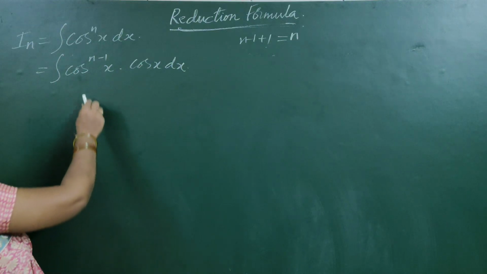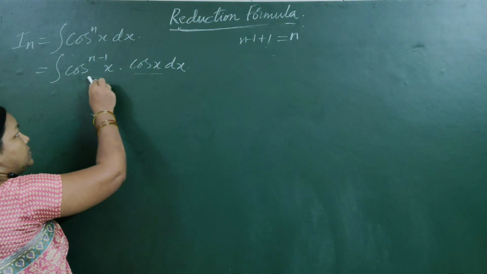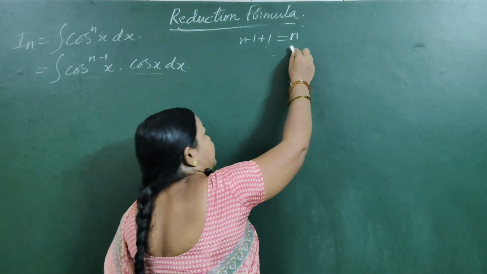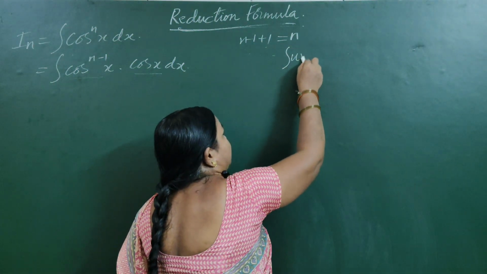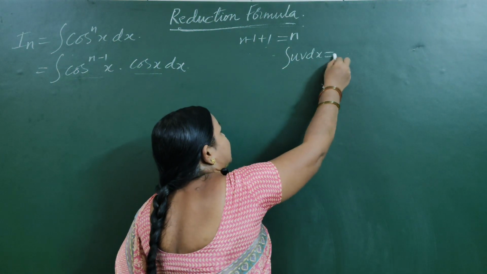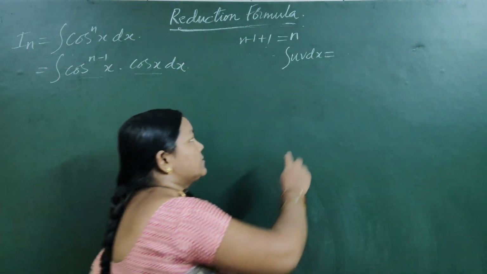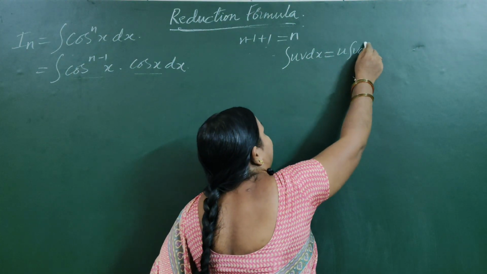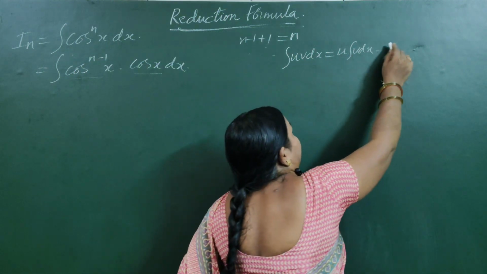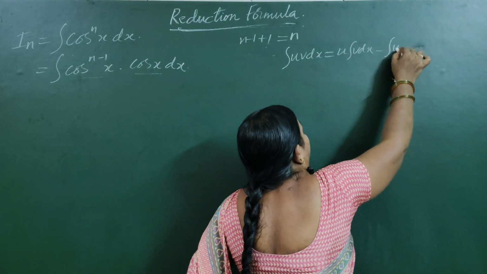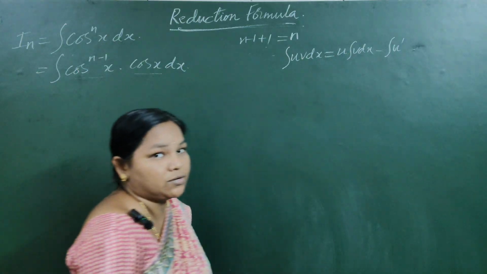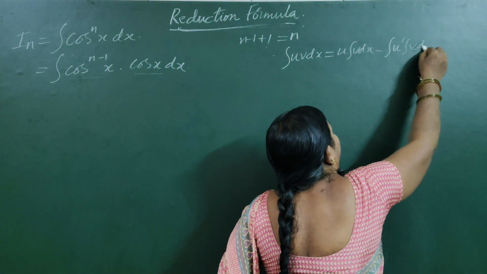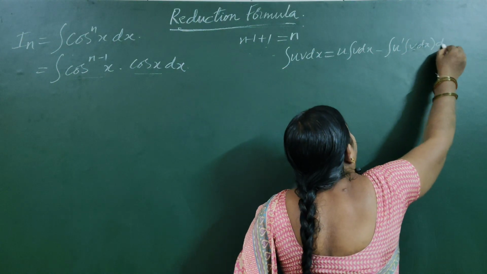Now it is in the form of u into v. First term is u and second is v. So we can solve this by using integration of uv dx. See, a formula for this is first function, that is u into integration of v dx minus integration of u dash, that is differentiation of first term into integration of second into dx.